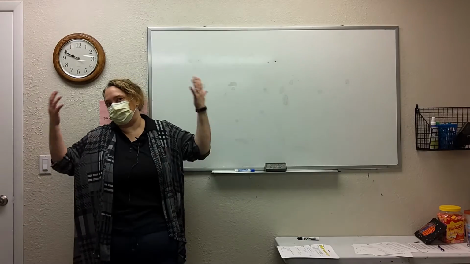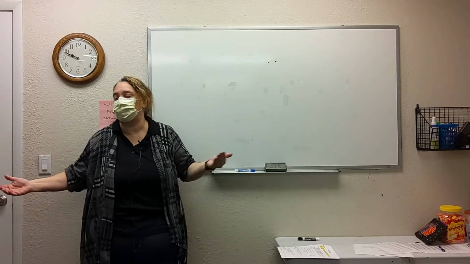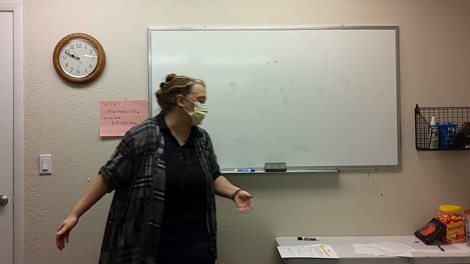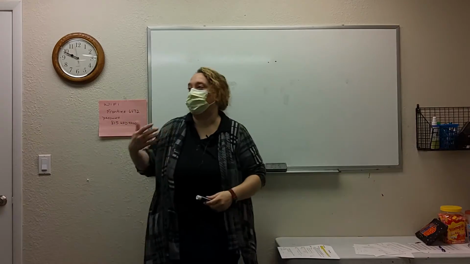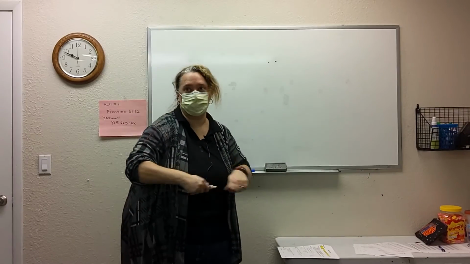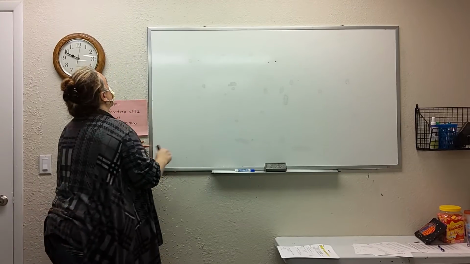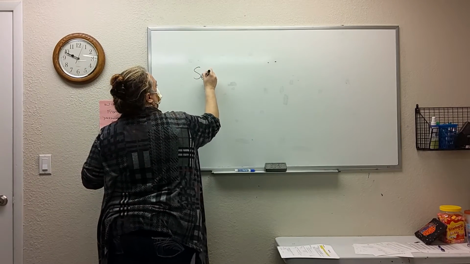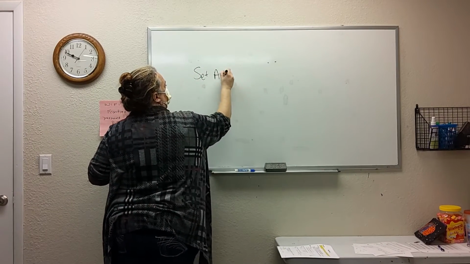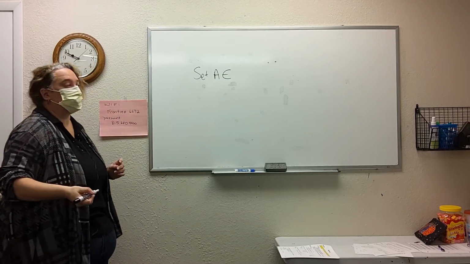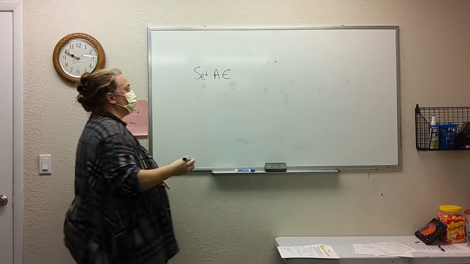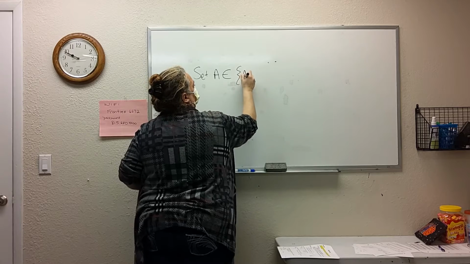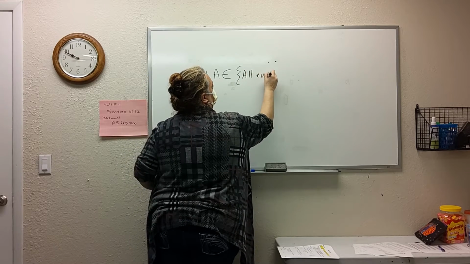In the last 6 to 8 months, certain problems have been creeping into your SAT, and they are set problems. Set problems look like this. It'll say something like set A, and then it'll have this funky epsilon. Epsilon means is comprised of. So set A is comprised of all even numbers.